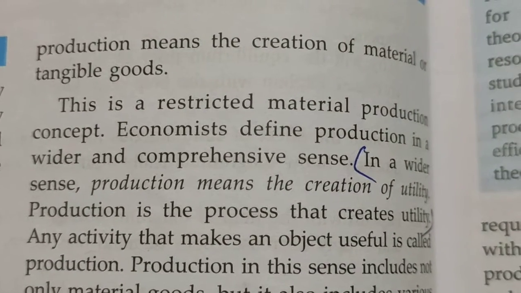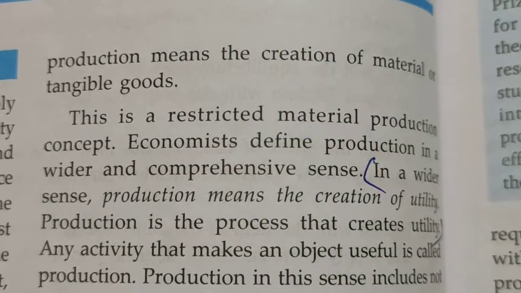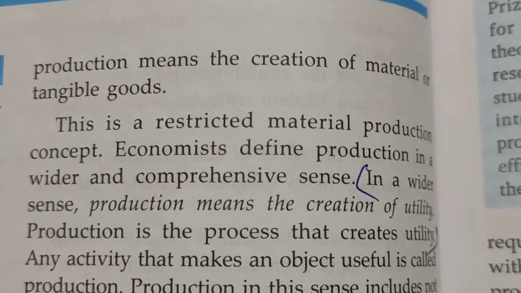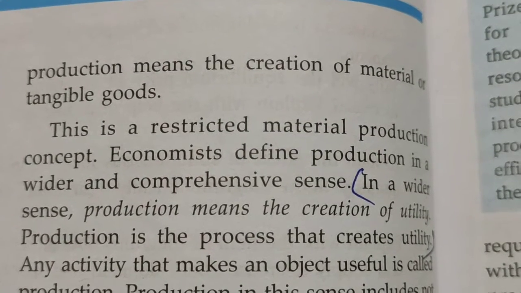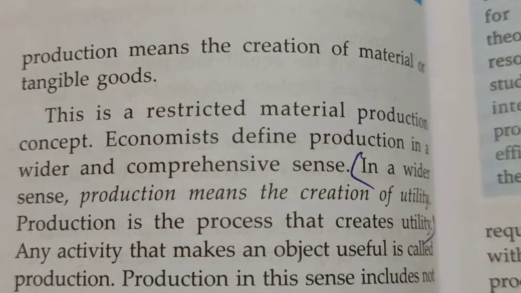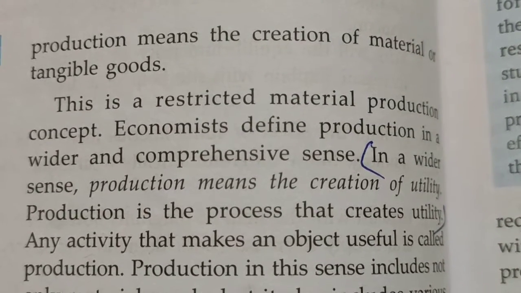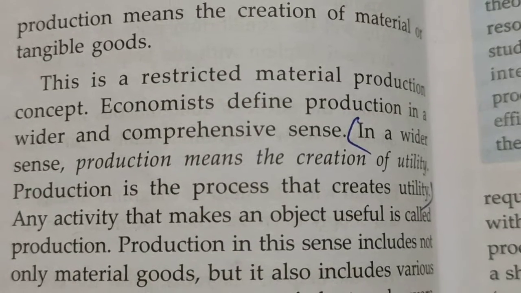Economists define production in a wider and comprehensive sense. In a wider sense, production means the creation of utility. Production is a process that creates utility. Any activity that makes an object useful is called production.